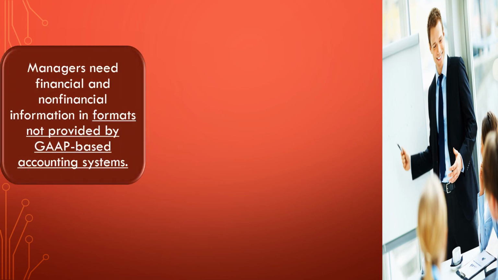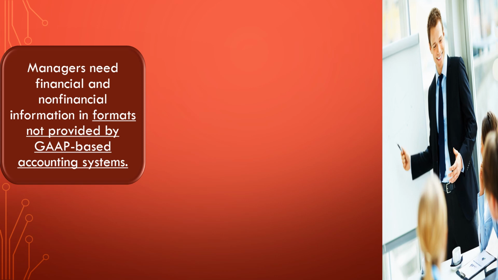After we discussed in detail the transactional information and the interaction between parties and the accounting information systems, let's talk about the information needed for decision making. Managers need financial and non-financial information in formats not provided by GAAP. GAAP stands for Generally Accepted Accounting Principles.